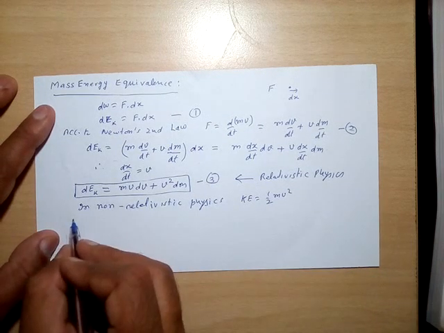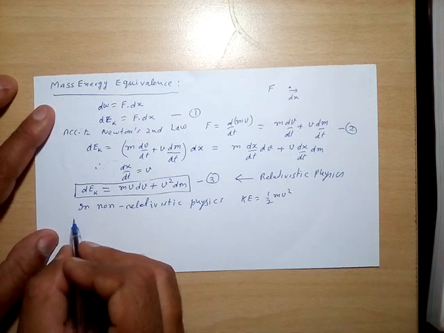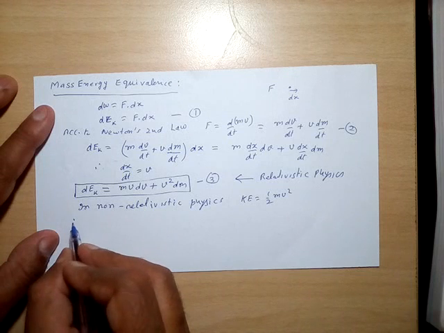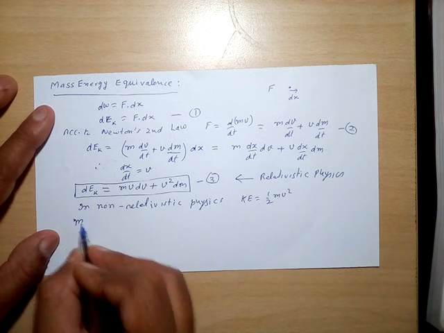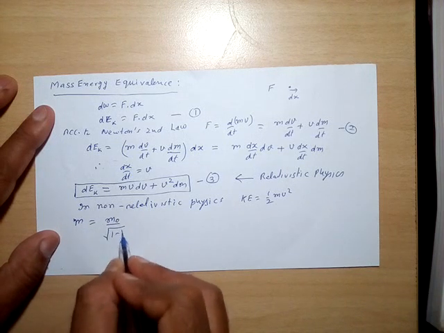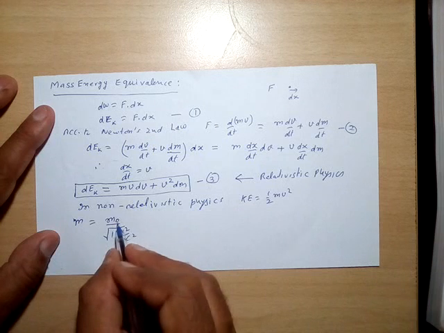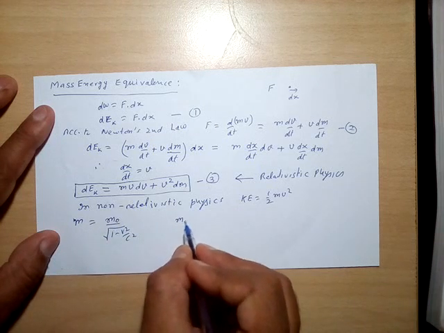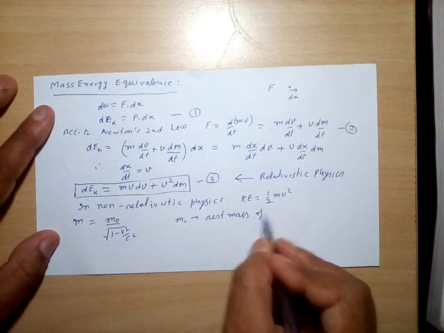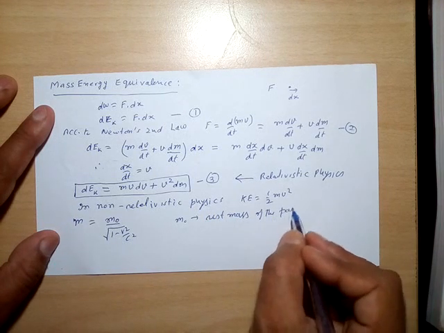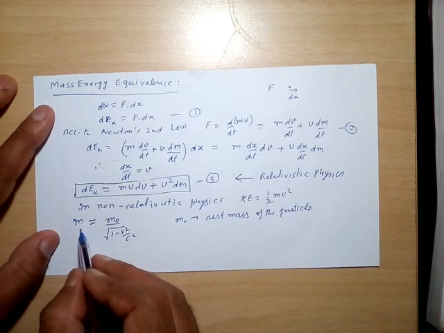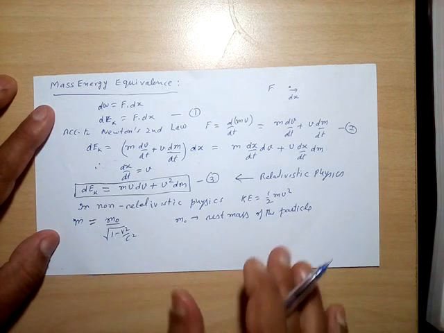And we know that mass is not an absolute quantity in the theory of relativity. So the expression for mass is m equals m naught by the square root of 1 minus v square by c square, where m naught is what we call the rest mass of the particle. And m represents the variation of mass with velocity.